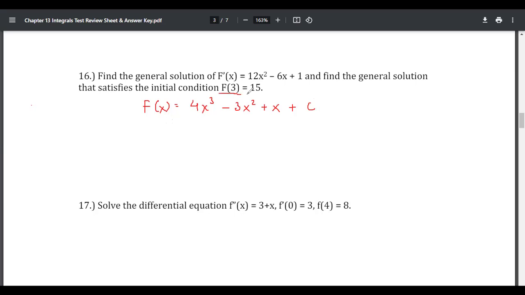use the initial conditions. So then you should do f of 3 equals 15. So 4 times 3 cubed minus 3 times 3 squared plus c. Okay, let's see.